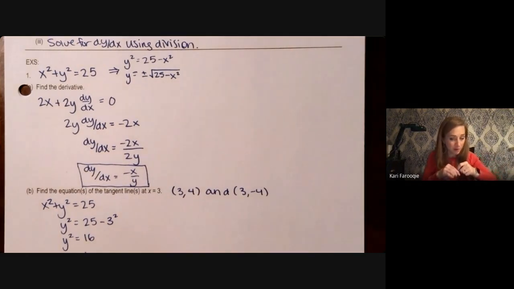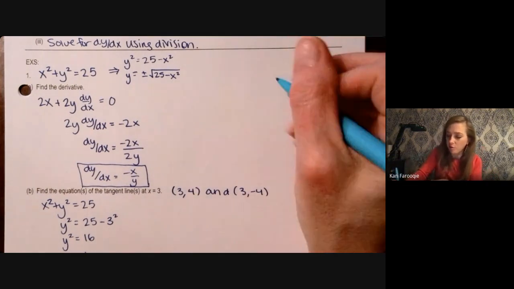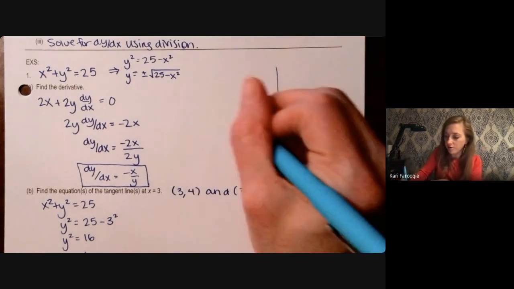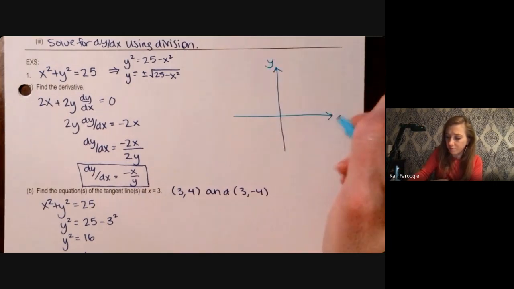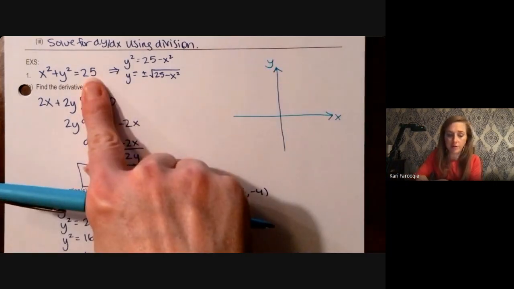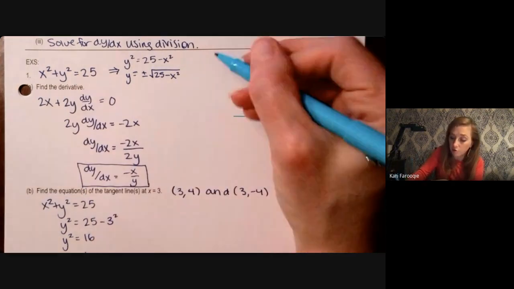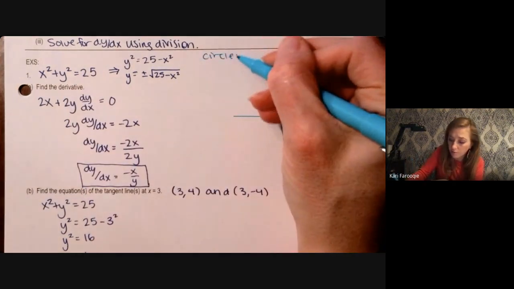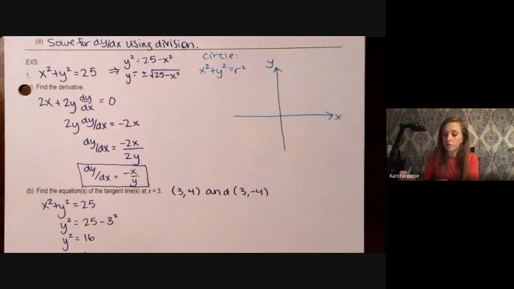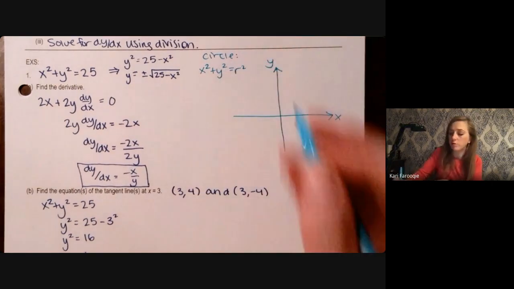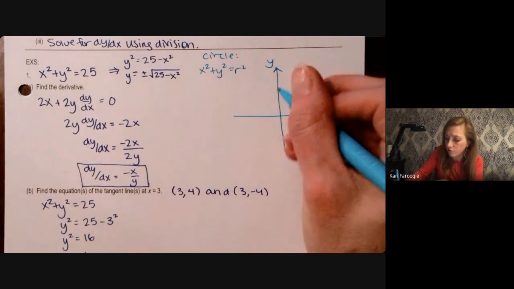If you don't remember that, maybe it's been a while, but this is a circle centered at the origin with a radius of 5. So it's x squared plus y squared equals r squared. So you have a circle that's centered at the origin with a radius of 5 units.